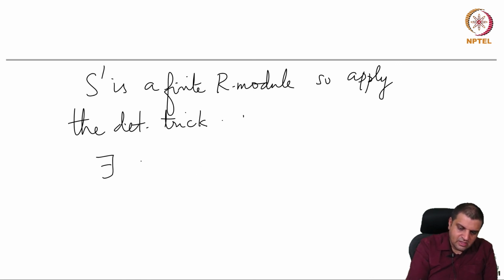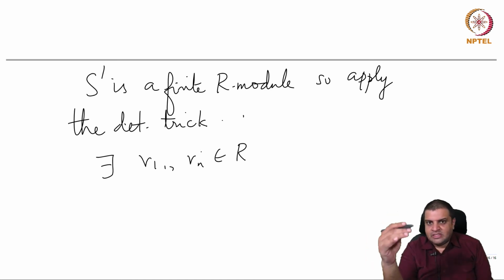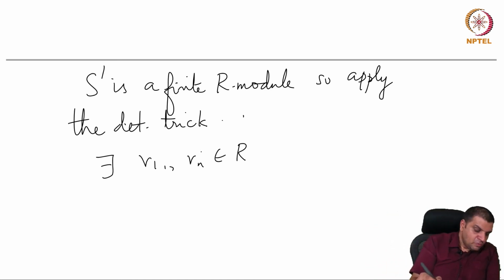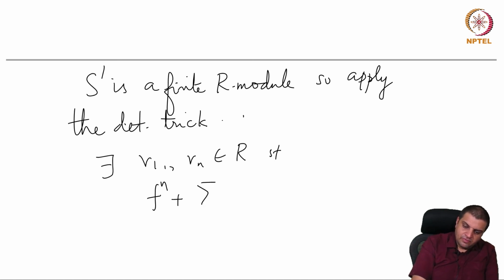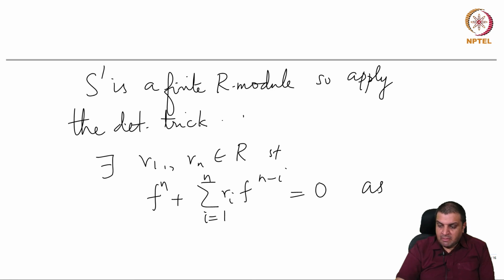So there exist R1 through Rn inside R. If it were inside some ideal, we would get some extra conditions on these things. But here we are just taking the unit ideal, such that f to the n plus the summation of Ri f to the n minus i, i goes from 1 to n, is 0 as a map.